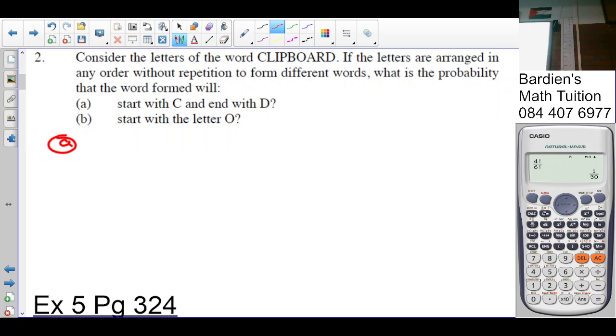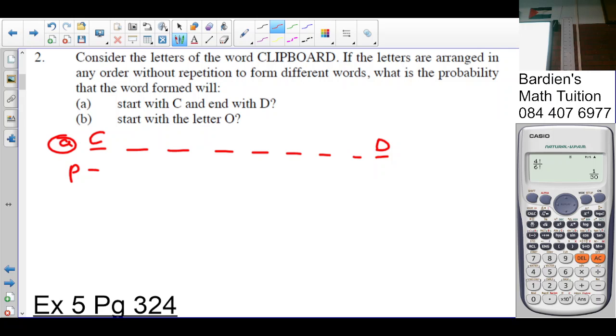How many letters are here? 9: 1, 2, 3, 4, 5, 6, 7, 8, 9. Starts with the letter C and ends with D. Is there any repeated letters there? No. So they want to know the probability.